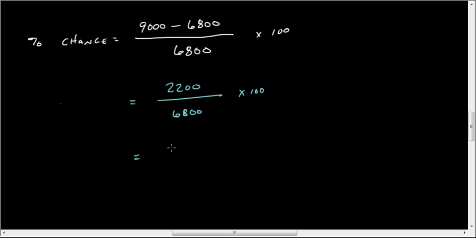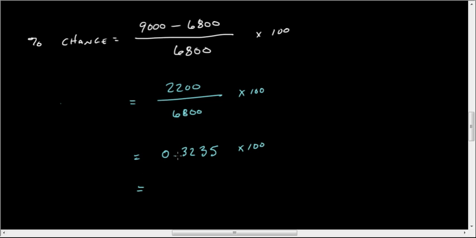And so that's going to give me 2,200 divided by 6,800. 2 divided by 6, by the way, is 1/3, so it should be close to 33%. 2,200 divided by 6,800 gives me 0.3235 times 100.